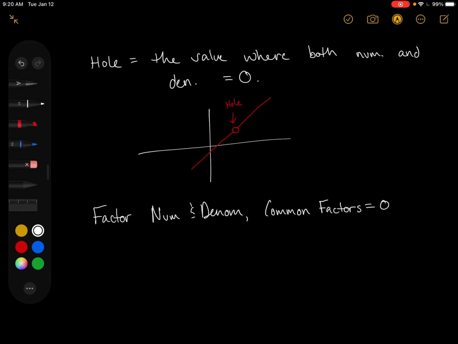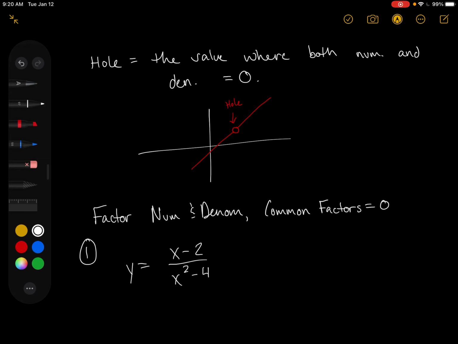And that is how you're going to find your hole. So let's take it one step at a time and go over some examples. Again, factor, if you find any common factors, set that equal to 0, and that will be where your hole is.